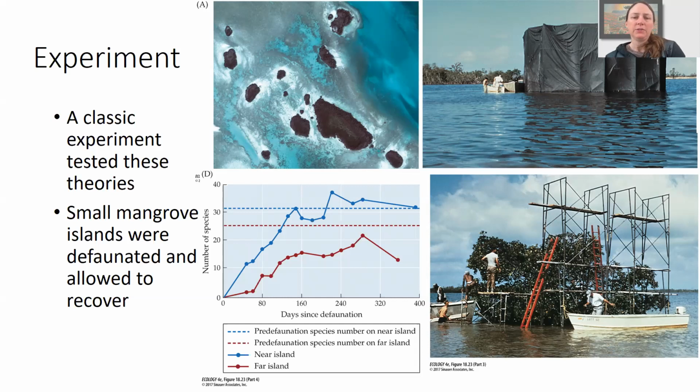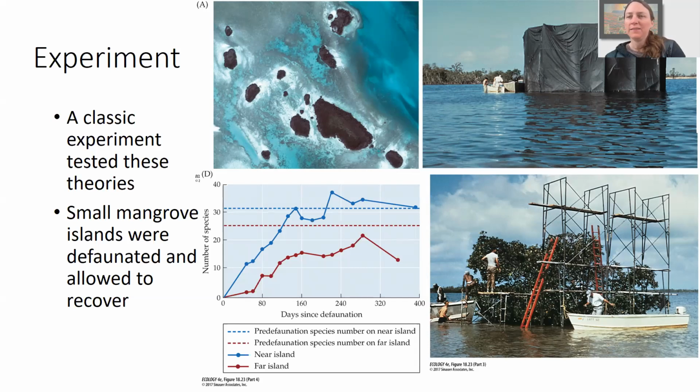the dotted line, which shows you the number of species on a near island in blue and a far island in red before they did any of the defaunation, which is a nice way of saying that you killed things. And then they defaunated a near island and a far island, and then watched species recover. And so what you can see is that on a near island, it only took about a year for the number of species on the island to recover to the pre-killing event, right?